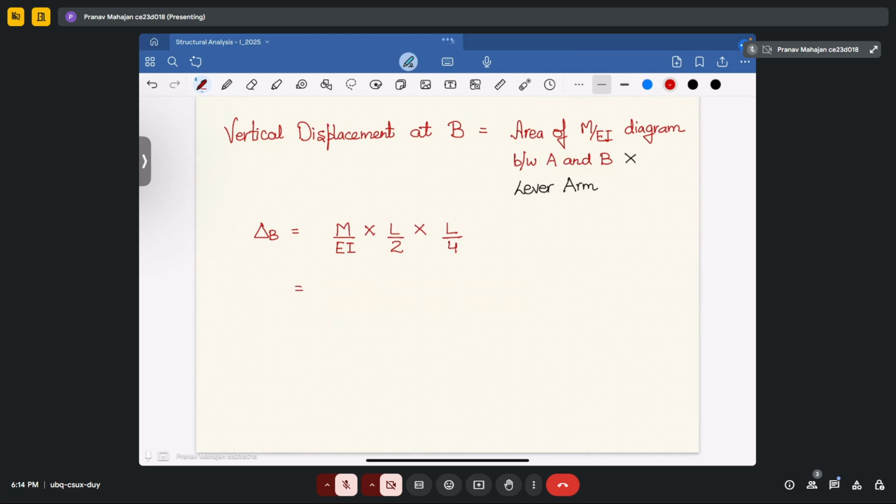That means your deflection at support B due to free moment at support C will be equal to ML square divided by 8 EI, and this will be in upward direction.